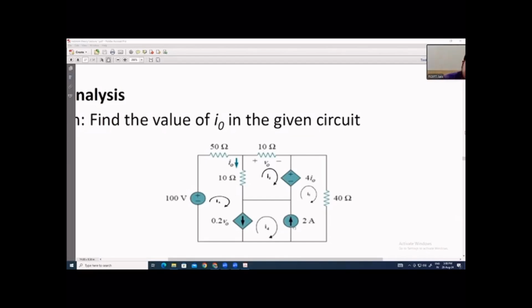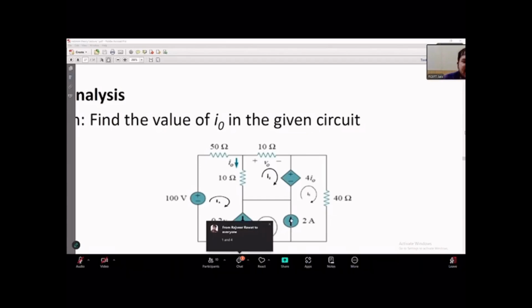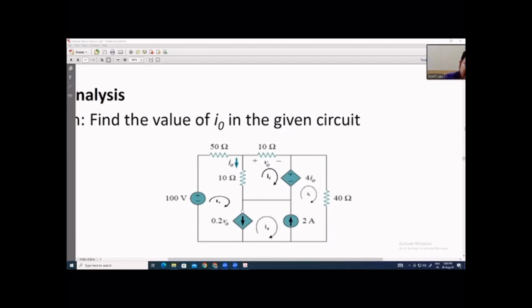This is a circle with an arrow inside it, so definitely this is an independent current source. But yes, 1 and 4 will also be there because it is also a current source. It's a dependent current source, a voltage dependent one, again this diamond-like structure with an arrow in between, that means dependent current source.